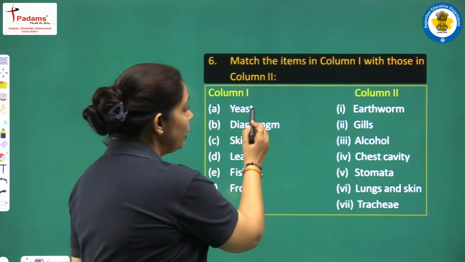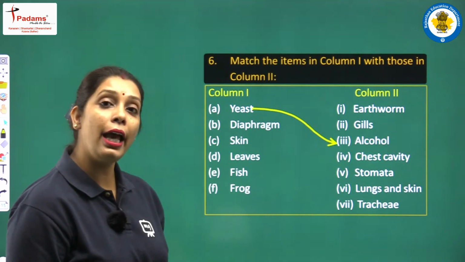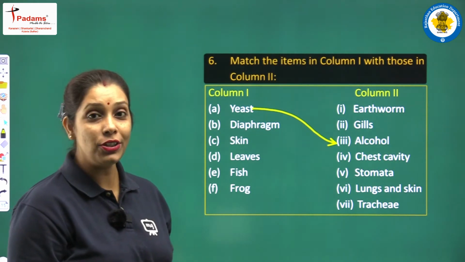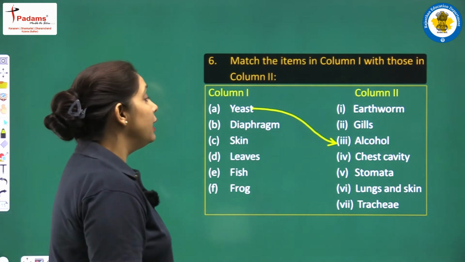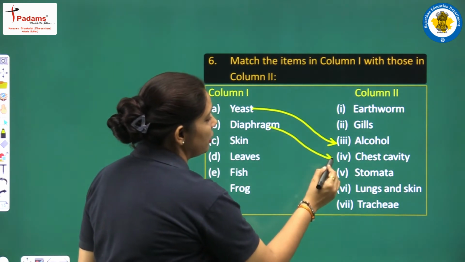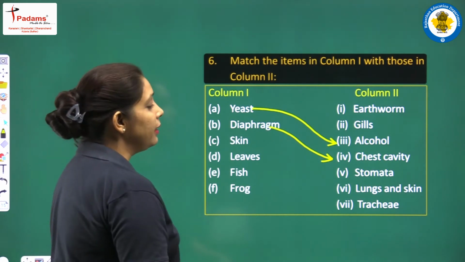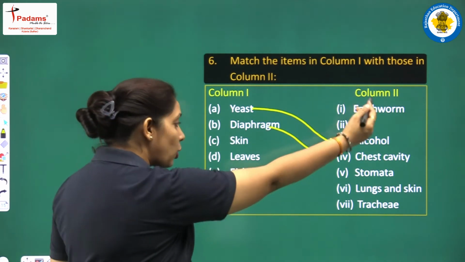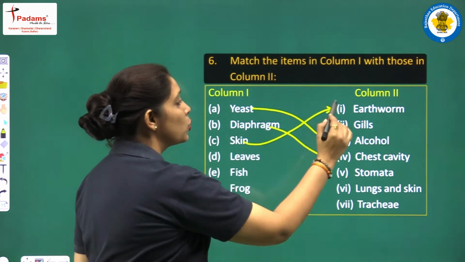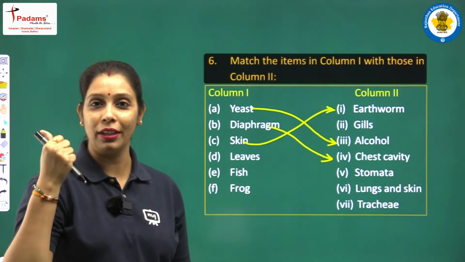So yeast will go with alcohol because it respires anaerobically and it produces alcohol during the process of fermentation. Is that clear? Diaphragm. Yes, diaphragm is connected with chest cavity. So we will match it with option 4th. Skin. Yes, अब skin से कौन respire करता है? And we know skin से respiration करता है the earthworm because its skin is moist and slippery, isn't it?